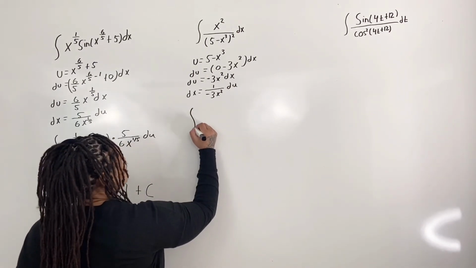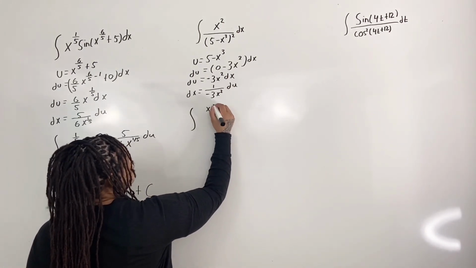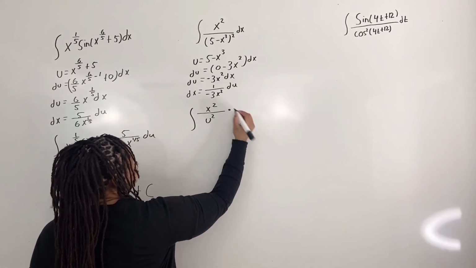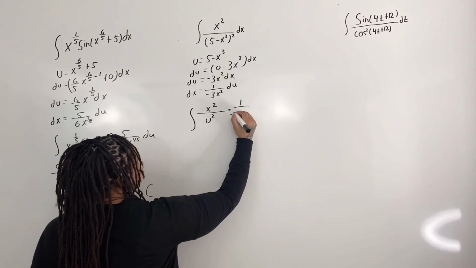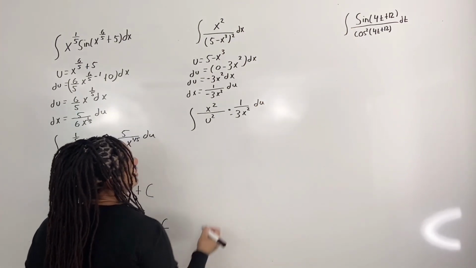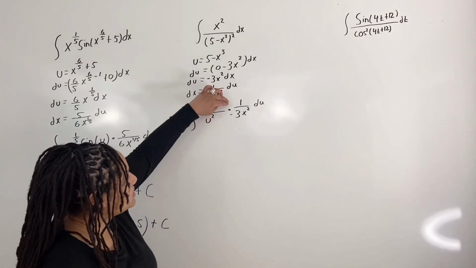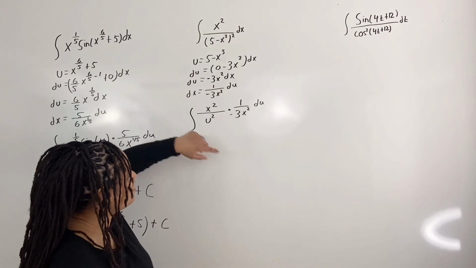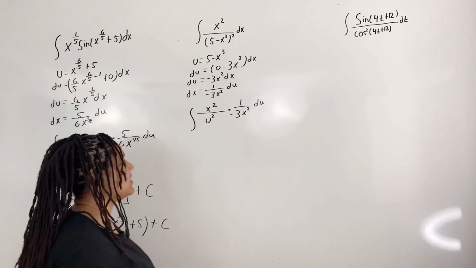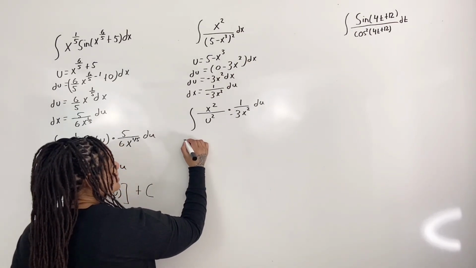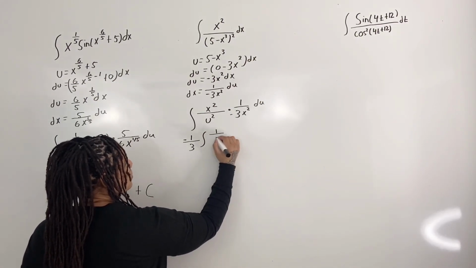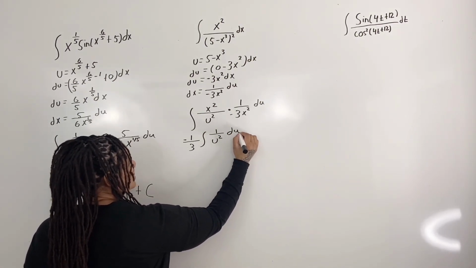So we have the integral of x squared over u squared times 1 over negative 3x squared du. And now I'm just going to bring out negative 1/3, and I will cancel x squared with x squared. So we have negative 1/3 integral of 1 over u squared du.